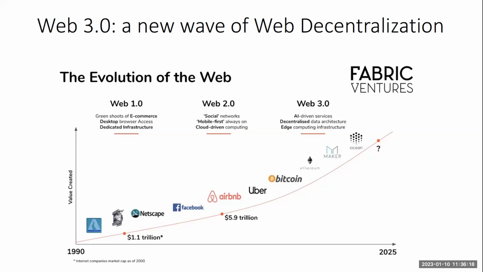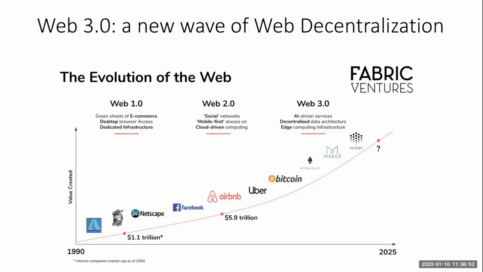Many applications, as described initially, are using cloud infrastructures. And since Bitcoin and the development of blockchain technologies, we are moving slowly towards a new web in which a lot of decentralized applications are being developed, as well as, in parallel, a lot of AI-driven services, right?